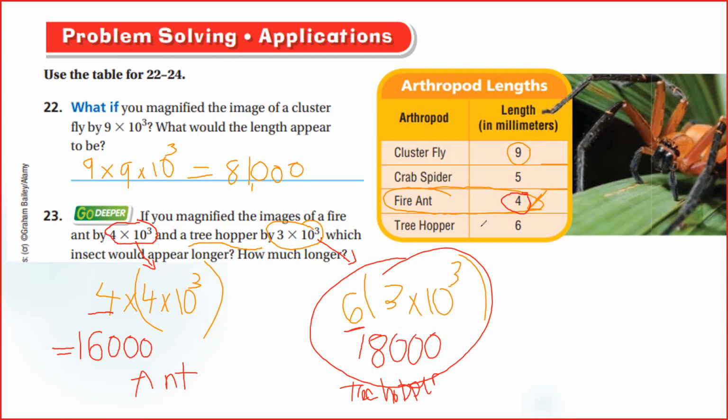How much longer is the tree hopper than the fire ant? What do you have to do? Yeah, bravo. You have to subtract them. So you have to subtract the greatest number minus the lowest number. So that means the tree hopper is 2,000 greater than the fire ant.